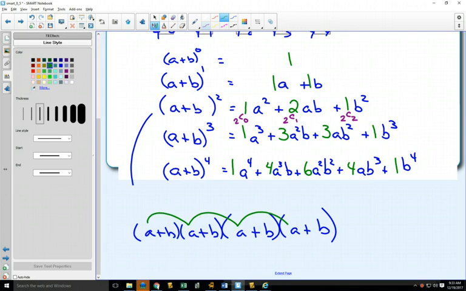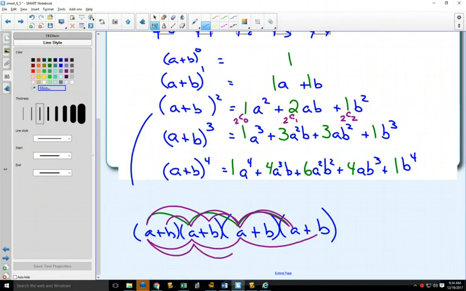To get an a cubed b, and I'll choose purple for this one. Can you see that I could get an a cubed b with a, that's 1, 2, 3, and then b? I could also get it with a, b, a. I could get it with b, a, and I could get it with this a, b, a, there.